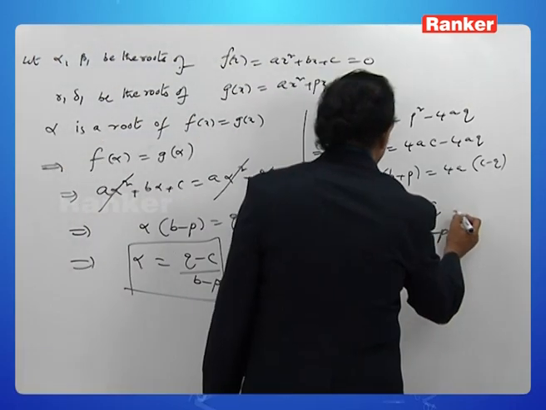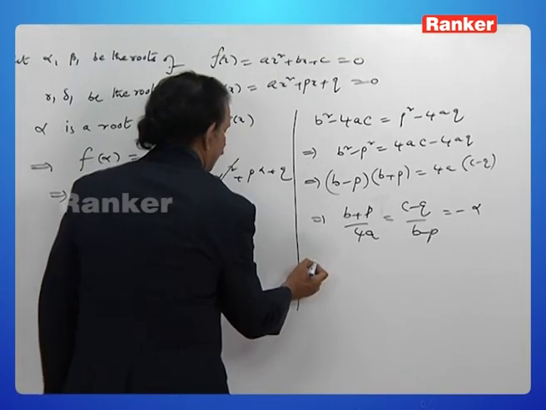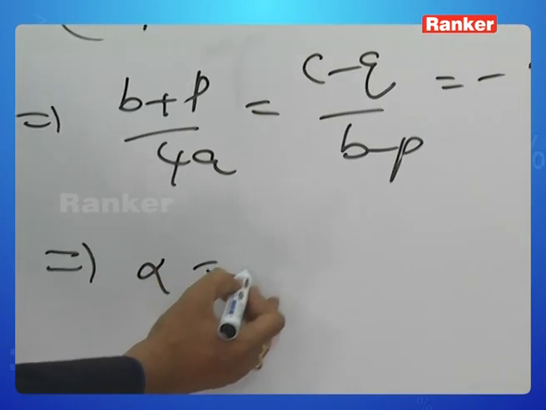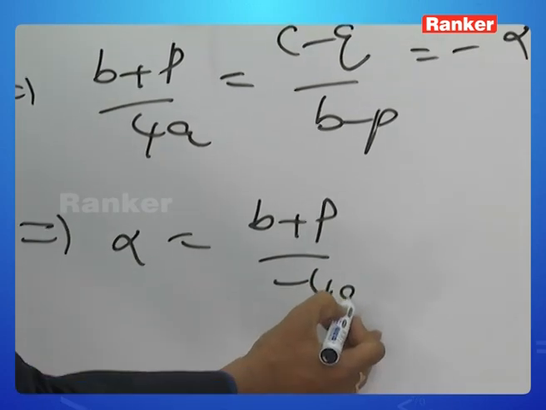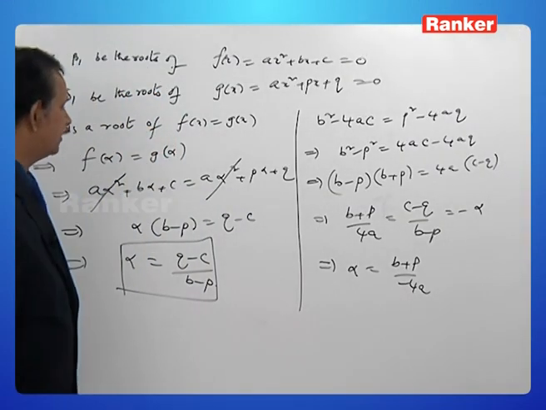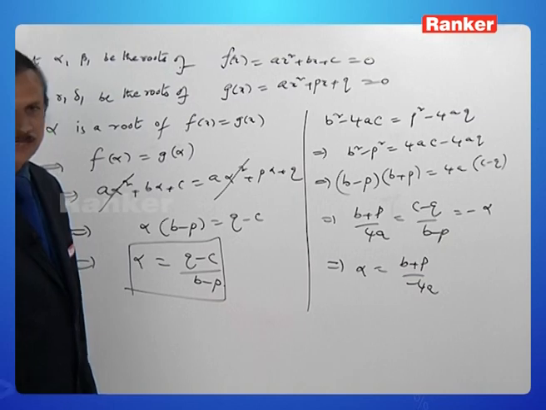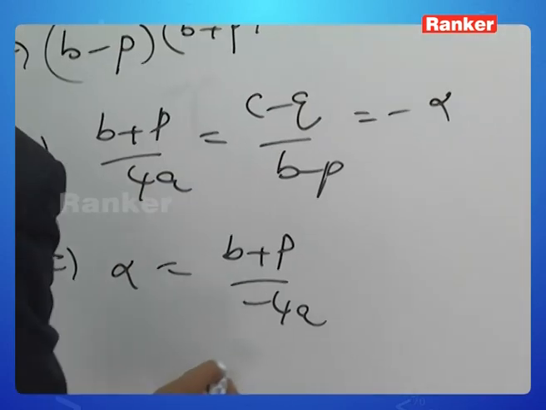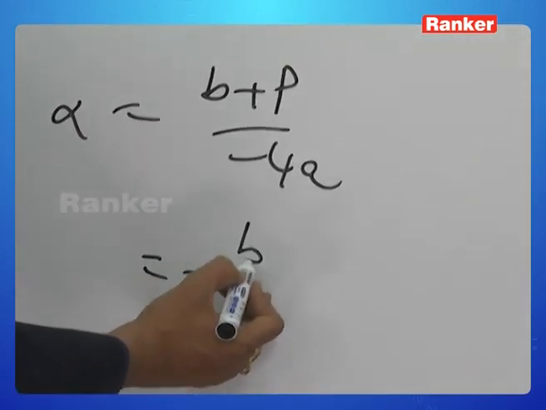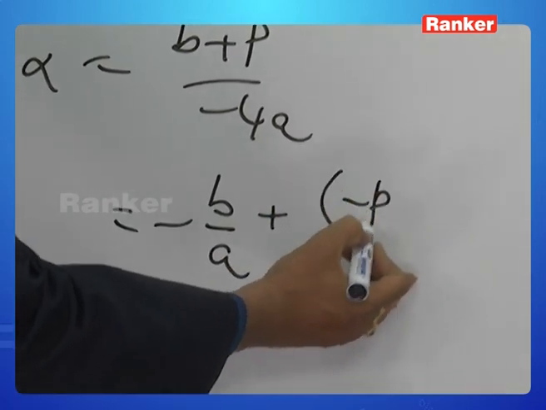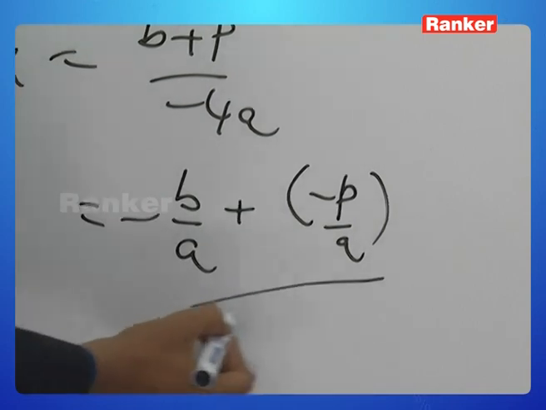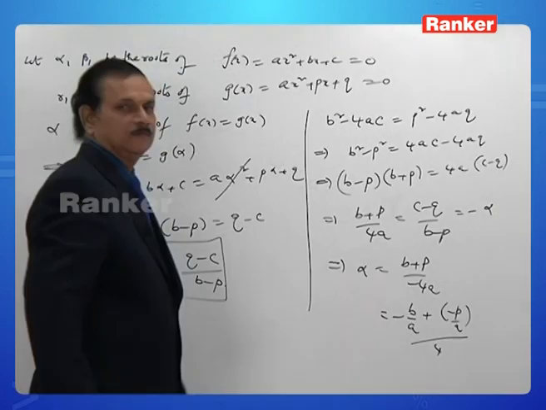Hence, we can write this as minus alpha. This implies alpha is equal to b plus p by minus 4a. Again, this can be taken as minus b by a plus minus p by a, by 4.